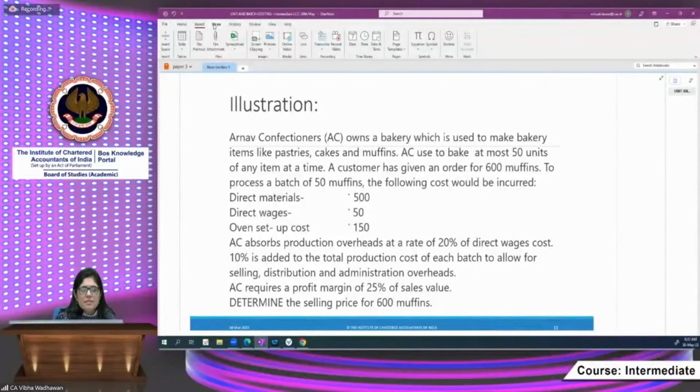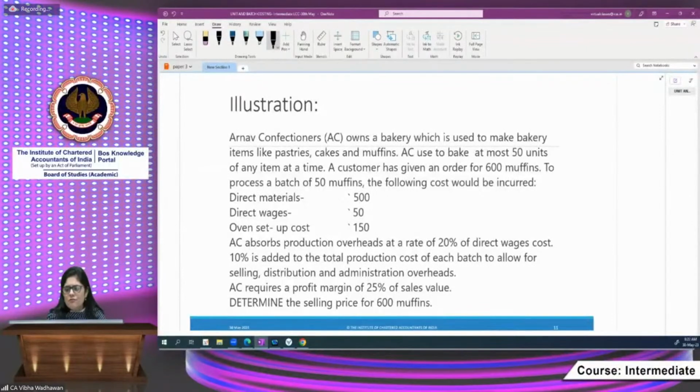That means 50 units are one batch, or one lot. So in one lot, how many items will be baked? 50 units. 50 units will be manufactured together in one lot, in one batch.